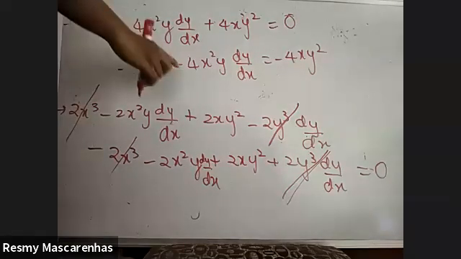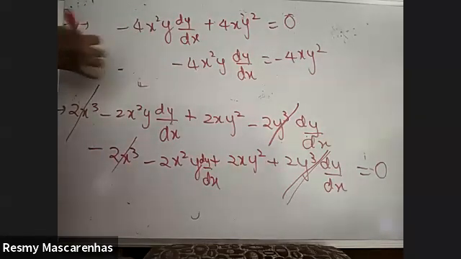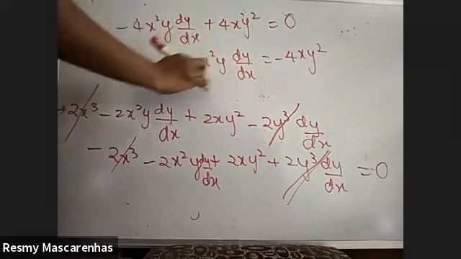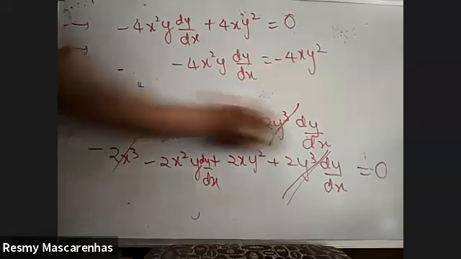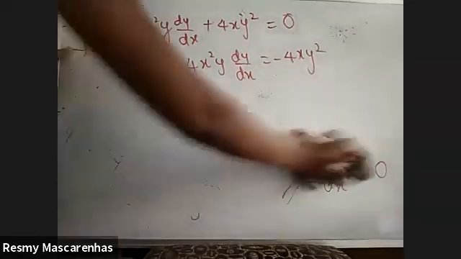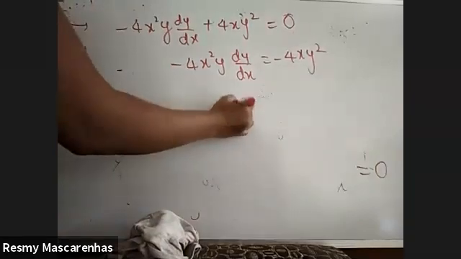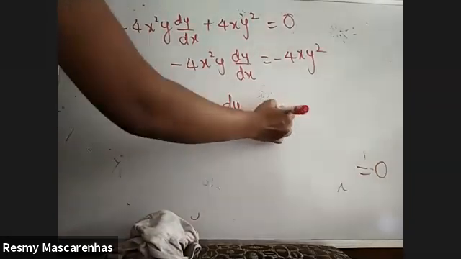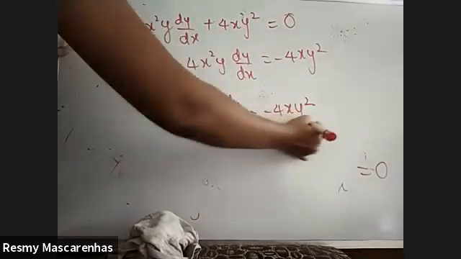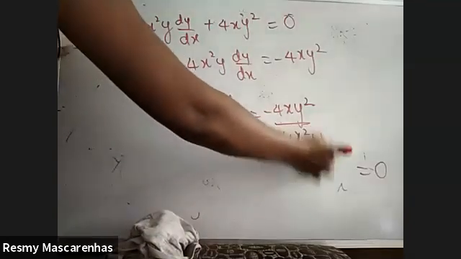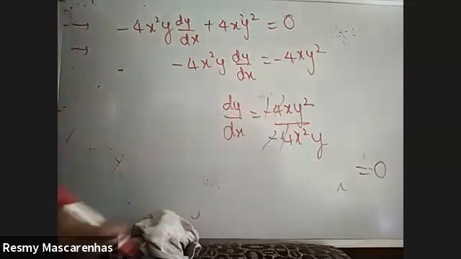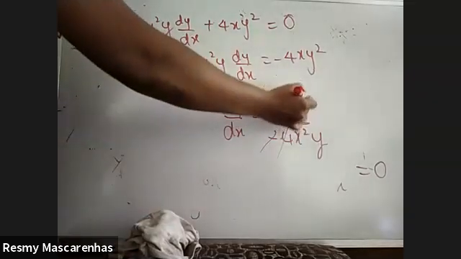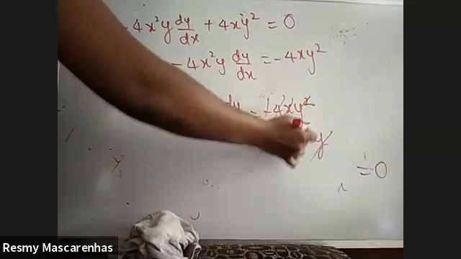And now keep dy by dx there only. Take the remaining terms on the other side and cancel. So dy by dx will be minus 4xy square. Cancel, minus, minus will cancel. 4 and 4 will cancel. 1x will cancel.